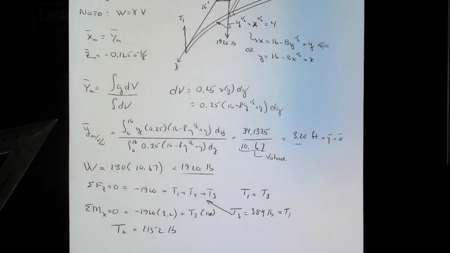Okay, so basically what we have is this tension, if it could do anything, would take us counterclockwise, and the weight is trying to drive the plate clockwise. So that would be a negative moment. And obviously the tension is high enough that it'll counteract the moment of the weight.